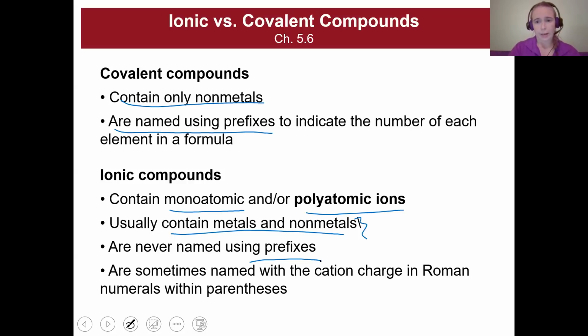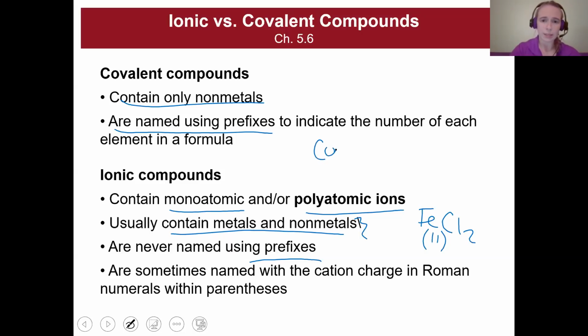We had like iron chloride. So iron 2 chloride, for example. We didn't use a prefix for that. It's not iron dichloride, it's just iron chloride, or iron 2 chloride to specify the charge on iron.